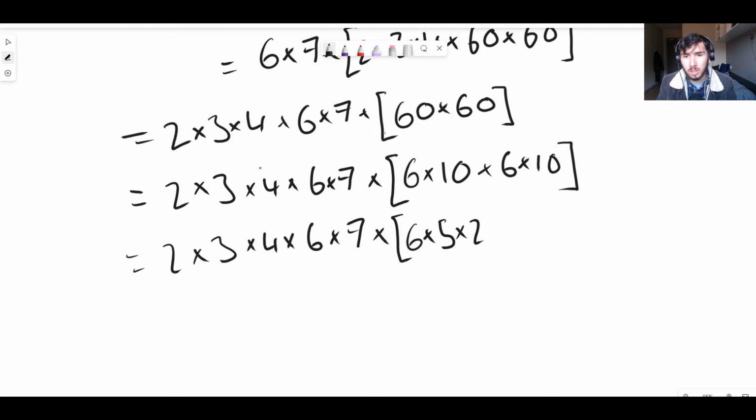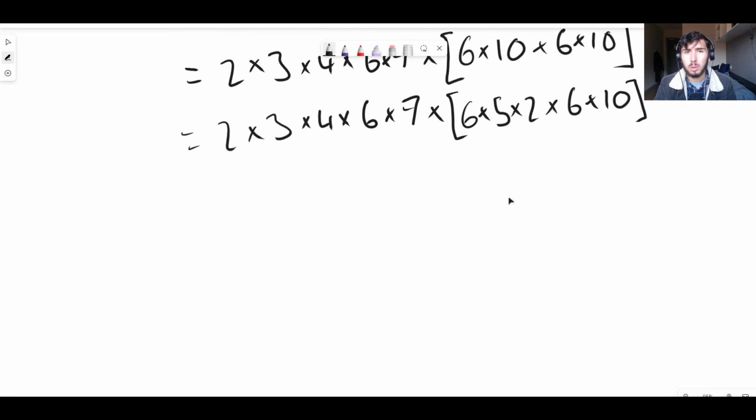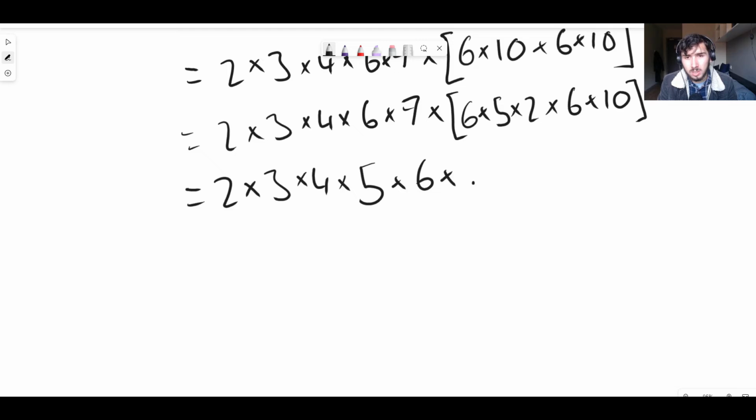So we can write this as 6 times 5 times 2, if we want to. And I'm going to actually leave this 6 times 10 how it is. Because I'm actually seeing that we have a couple of numbers now that we can take out. So this is equal to 2 times 3 times 4 times, but look here, there's a 5. There's our 5. So now I'm going to bring the 5 out, times 5, times 6, times 7.